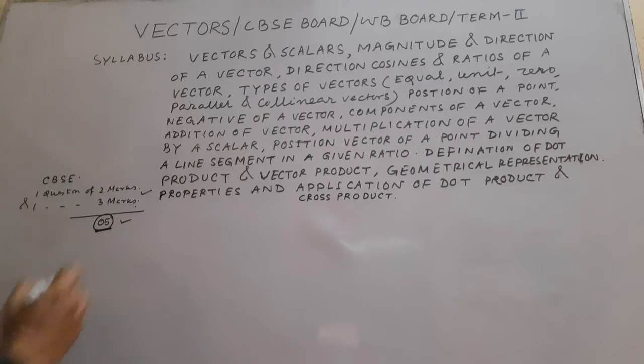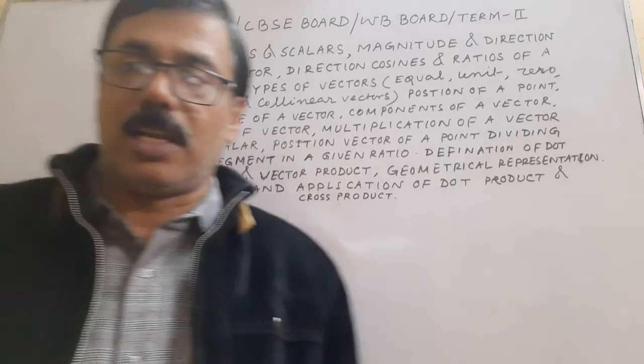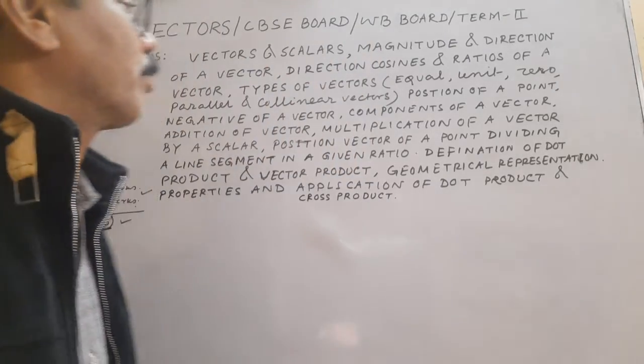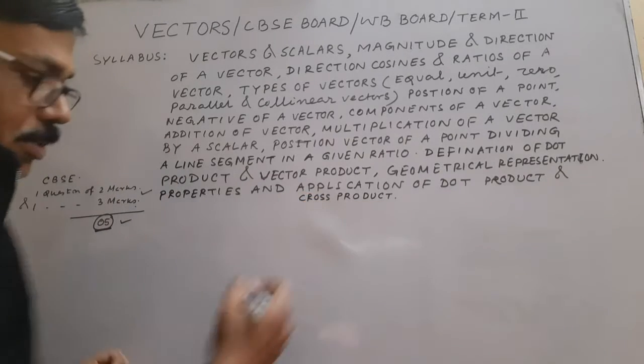So, total 5 marks from vectors. And this part is the easiest part. So, this is the syllabus.